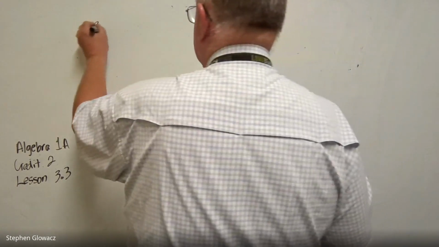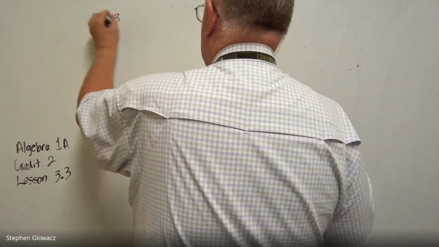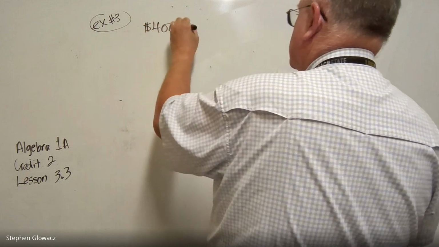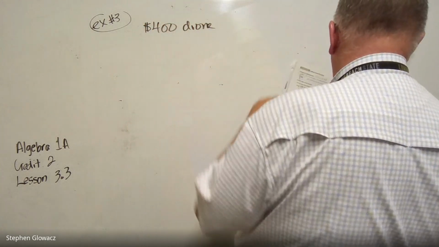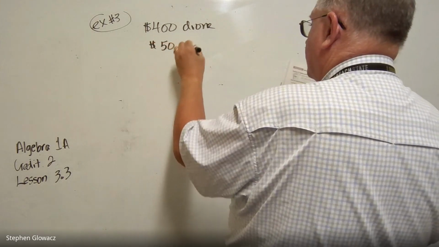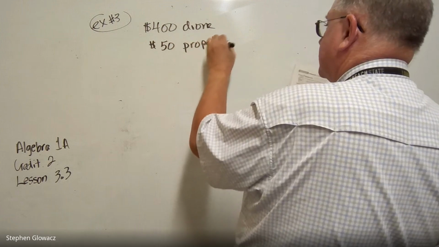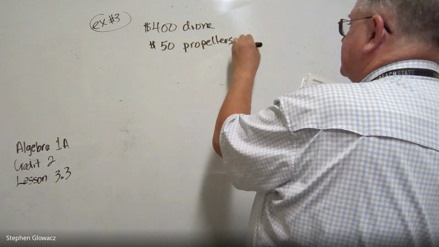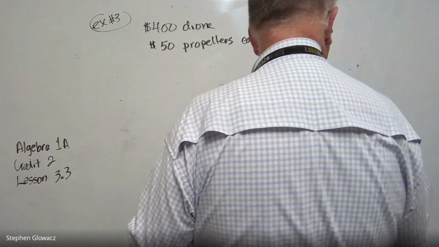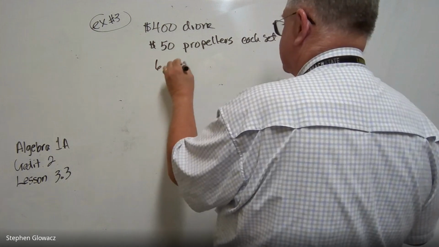So in our example here for number 3, we're going to have a $400 drone, and the propellers are going to cost $50 for each set, and that's each set. And then we're going to purchase 6 extra sets.